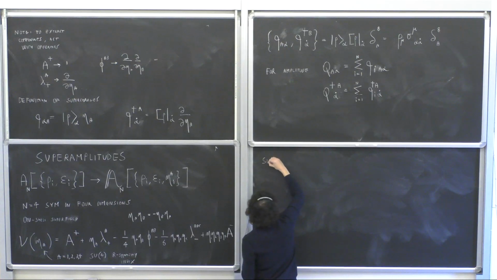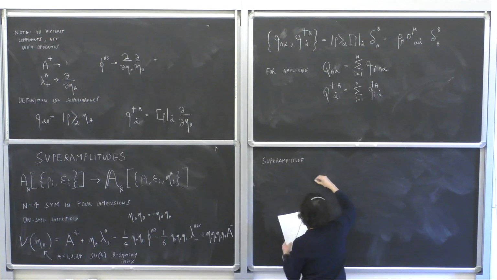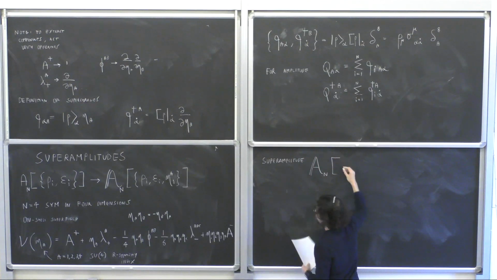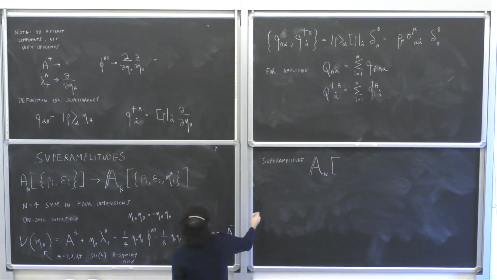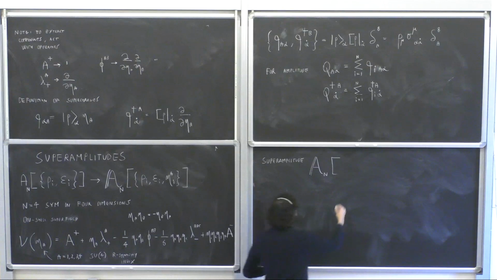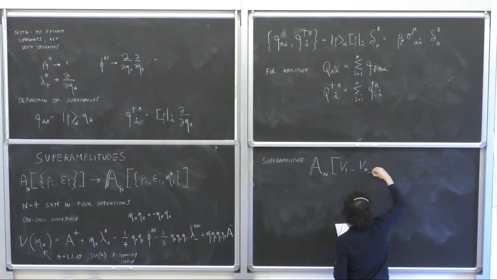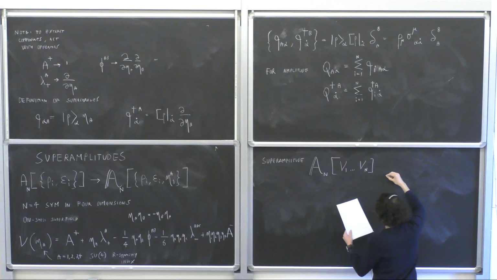So the super amplitude is a function of, at n points, my on-shell superfields, or the data on the on-shell superfields here. So namely, this will be a function of the superfields corresponding to n particles.